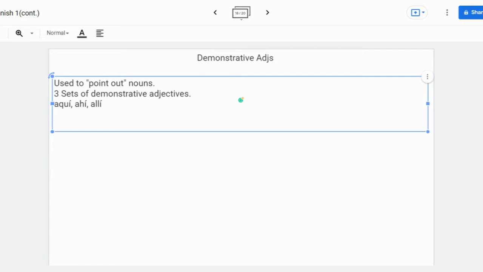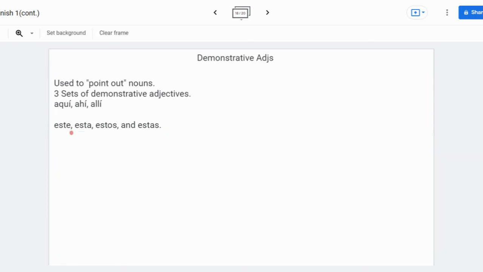So they're este, esta, estos, and estas. Remember it's esta without the accent. If you add an accent, está, you're using the verb estar. That's one thing to keep in mind if you're trying to differentiate between the two. And remember, there's no such word as esto. So there's your first set.